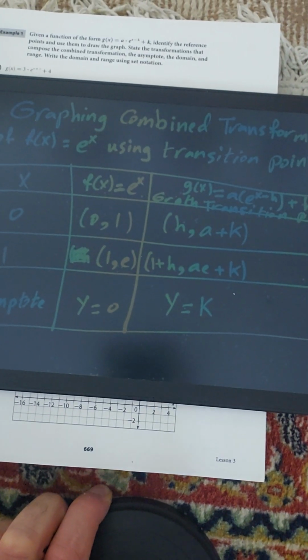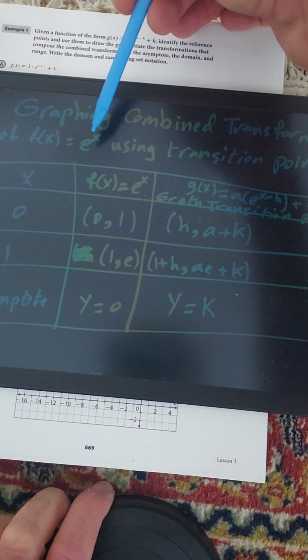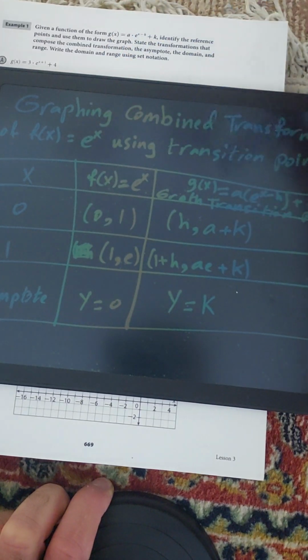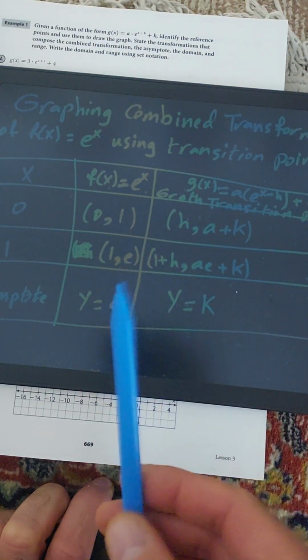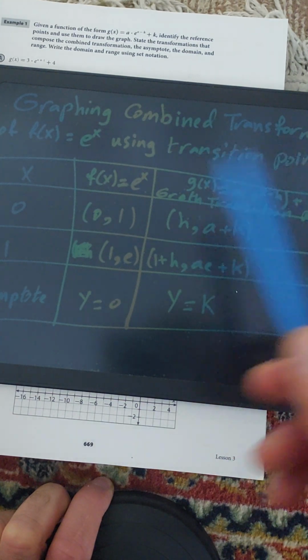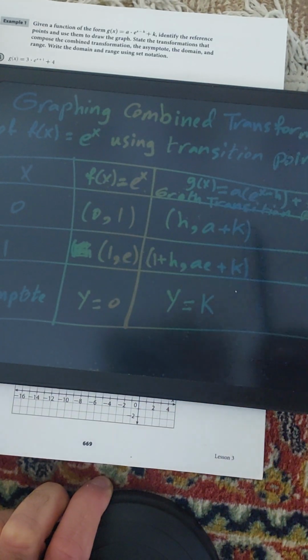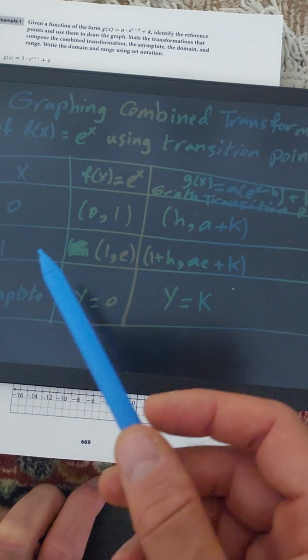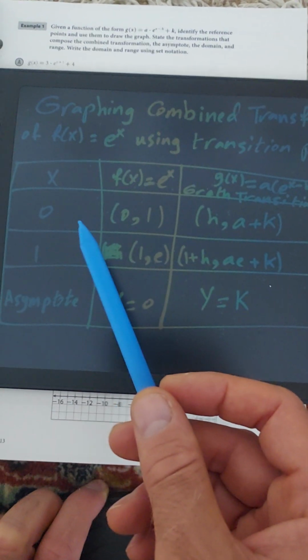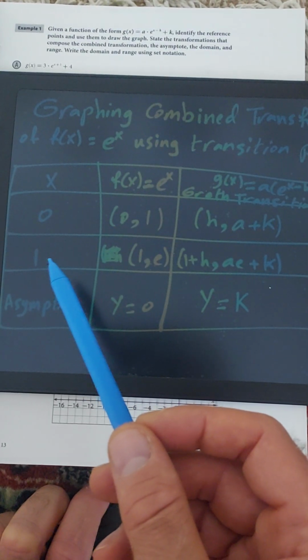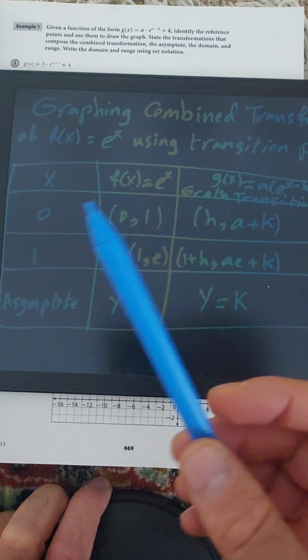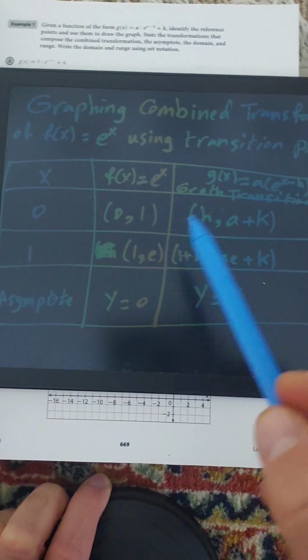The parent function is f(x) equals e to the power x. We're going to map the transformation points from the parent to the combined transformation when x equals 0 and x equals 1, and we're going to show the asymptote for both of them.